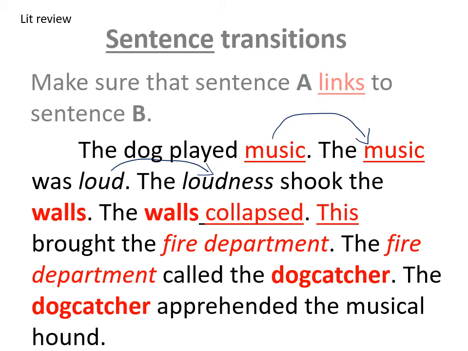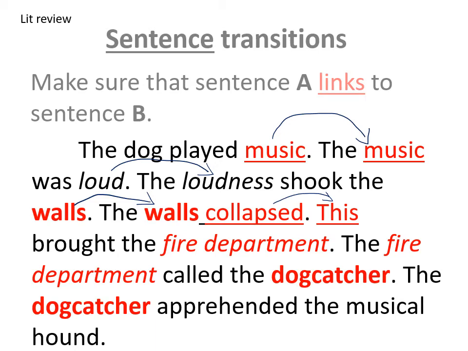In this third sentence, the loudness shook the walls. And then we have the walls collapsed. So we have that linkage there. The walls collapsed.